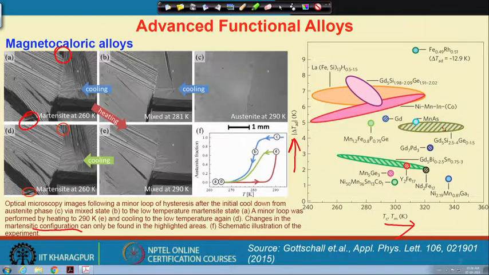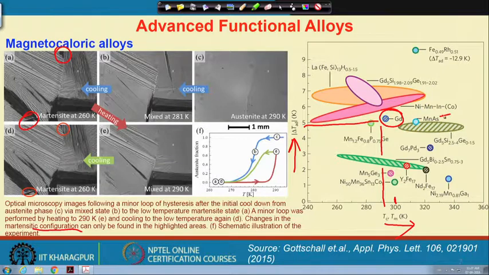We must first look at gadolinium. So, gadolinium has such a value of temperature change and Tc, and all these Curie temperatures are close to room temperature. You can see this is 300 K.